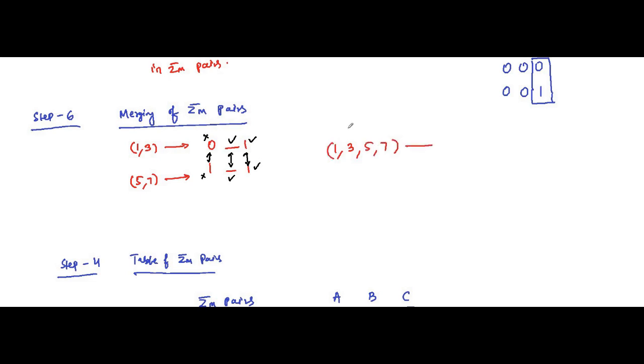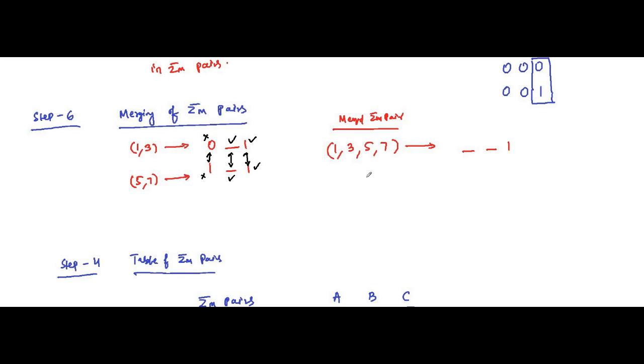Okay, this is the merged minterm pair, and its binary equivalent is, we keep the identical bits as they are, that is dash in the middle and 1 in the LSB, and the position where it is differing, 0 and 1, we'll replace it with another dash. Okay, this is 1 3 5 7.